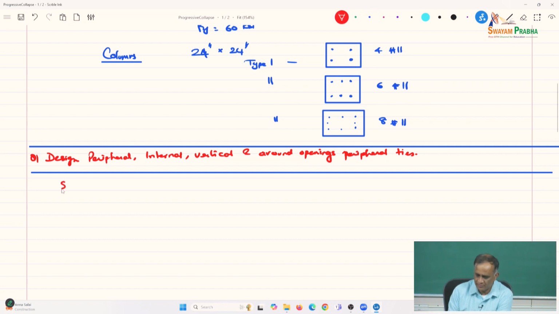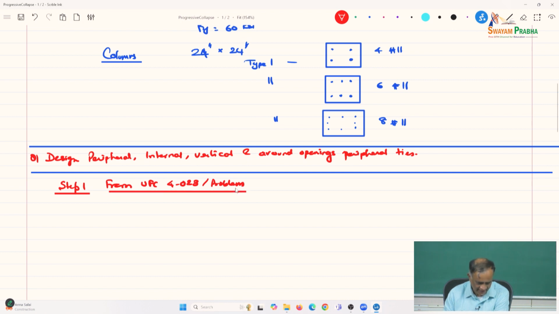So, first step you would do here is from UFC 4-023 problem, you gather the following data. So, we have the directions defined as, so this is your longitudinal and let us say that is your transverse.